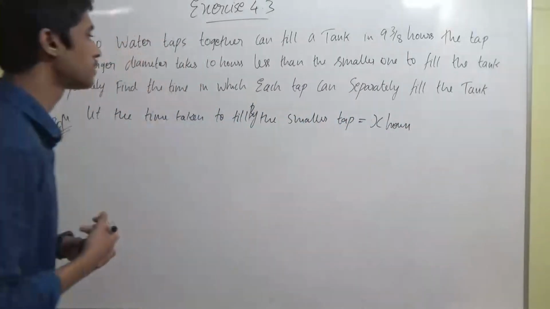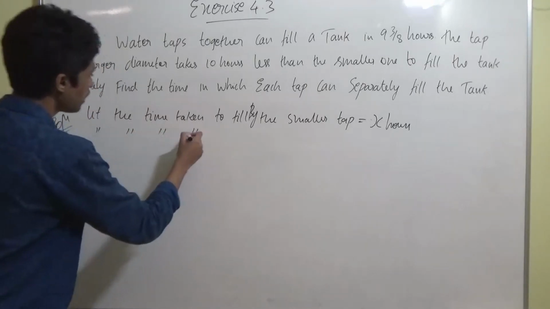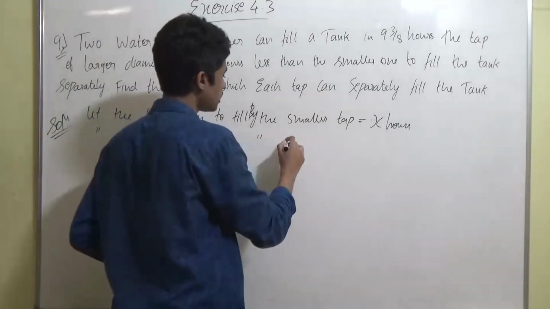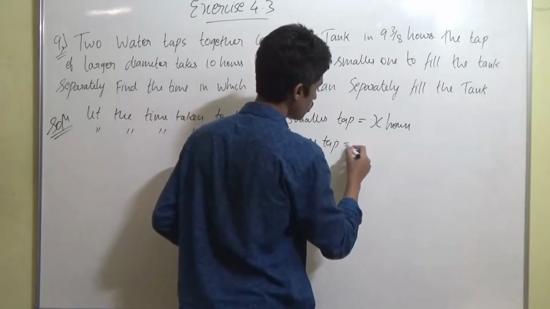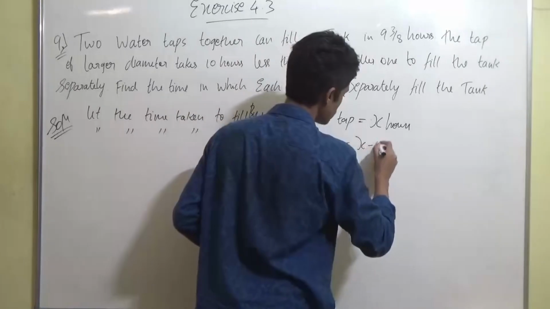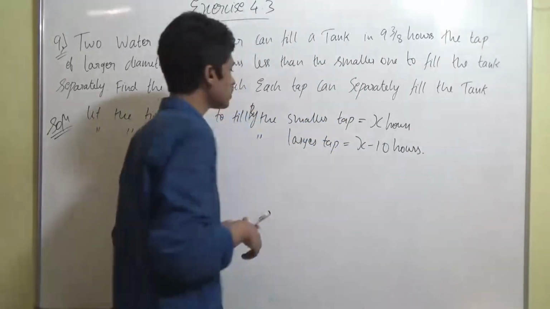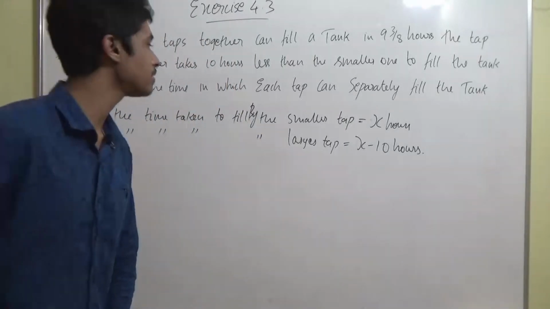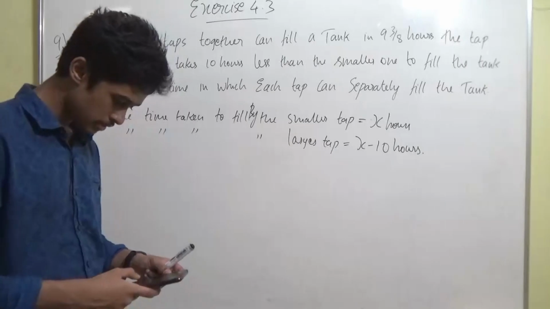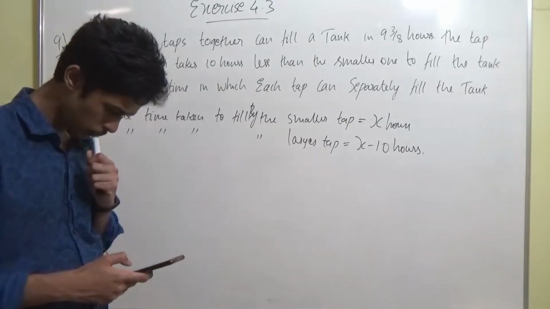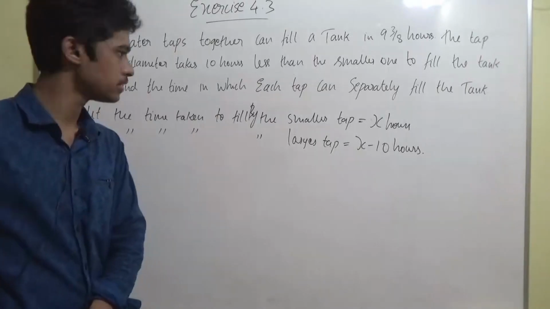Getting it? And let the time taken by the larger tap be equal to x minus 10 hours. Getting it how guys? Because they said the larger tap is going to take 10 hours less time, right? Correct? No, just a minute guys, I have a small doubt. Yeah, it's absolutely correct. x minus 10 hours.